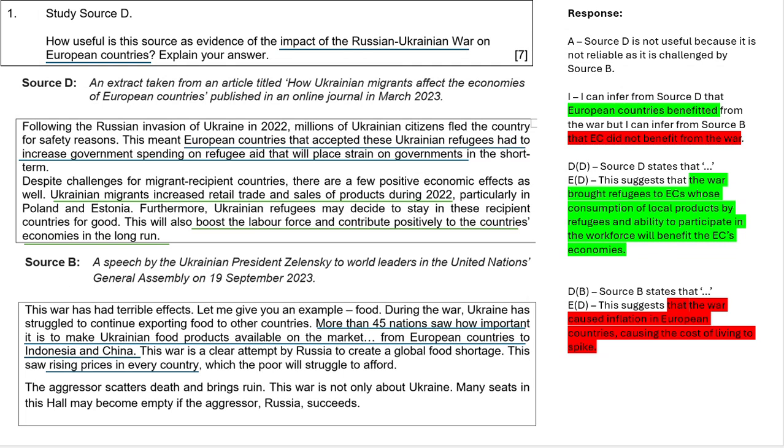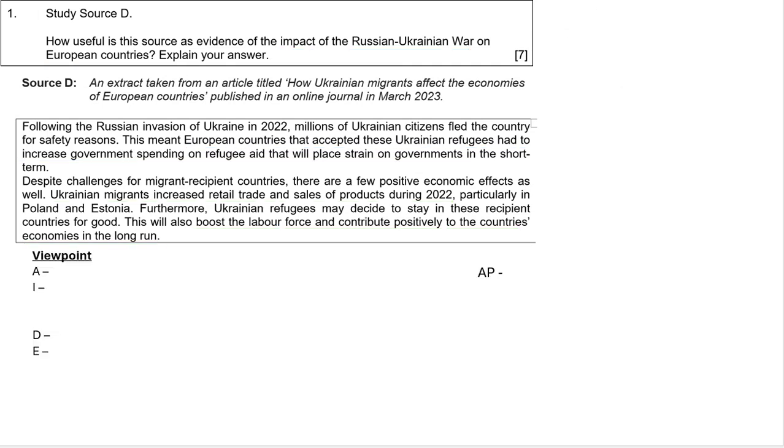So if we want to move up one more level, we can think, is there a higher level to this? Can I analyze the provenance of this source? And does this source have a viewpoint or a purpose that I can use to determine whether a source is useful or not?